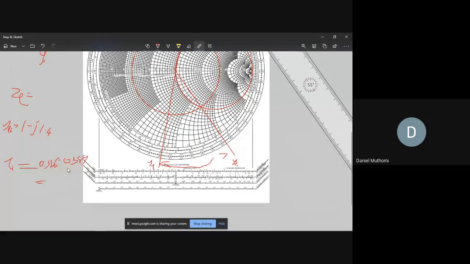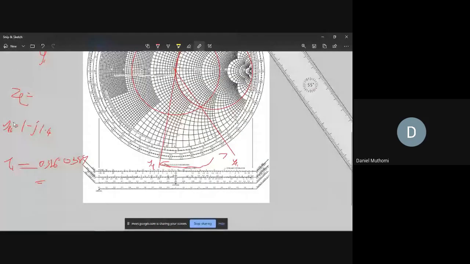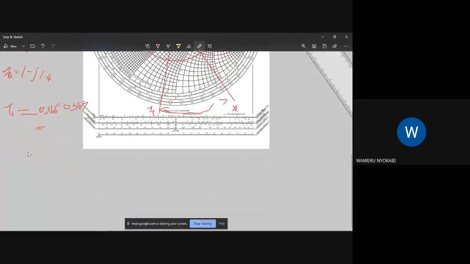Yeah, so we just do the larger one minus the smaller one for simplicity's sake. If you do this, just eliminate the negative and you're done. So to find this distance here, we have our stub being 1 minus j1.4.